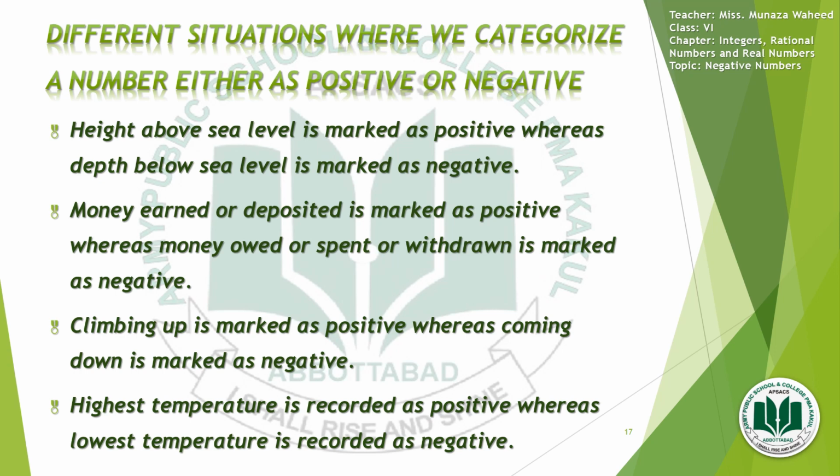Money earned or deposited is marked as positive, whereas money owed or spent or withdrawn is marked as negative. Climbing up is marked as positive, whereas coming down is marked as negative. Highest temperature is recorded as positive, whereas lowest temperature is recorded as negative.